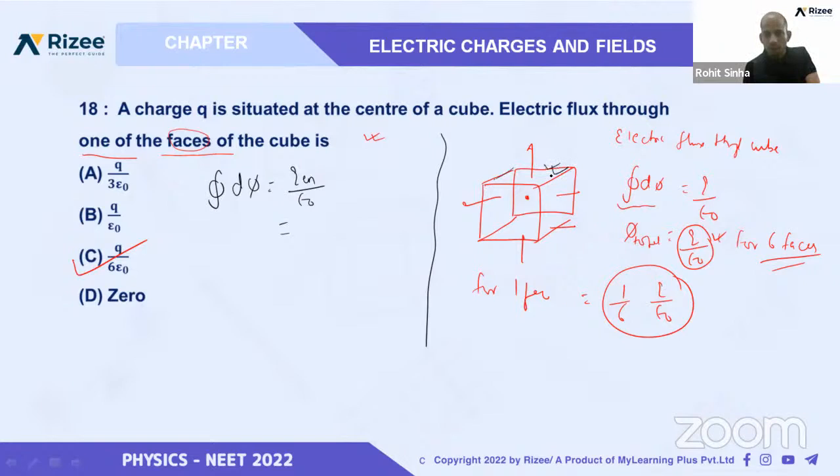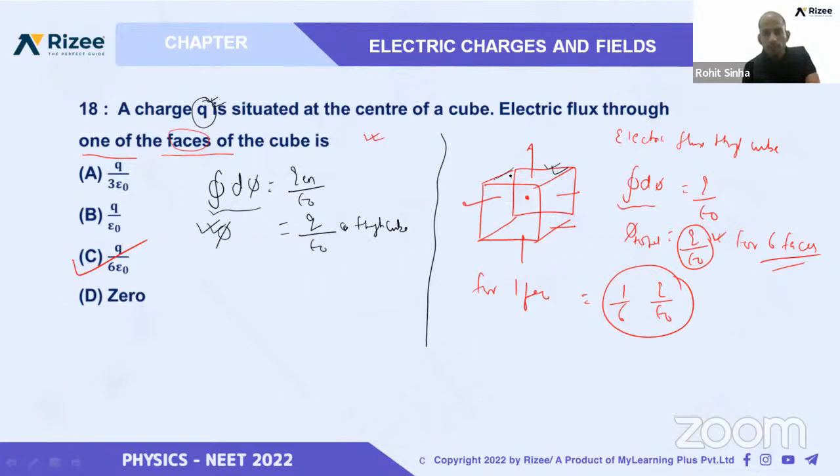Then the integral of E dot dA, the flux phi, is equal to the charge enclosed. The charge q is at the center of the cube, so inside the cube it is q by epsilon naught. This is the flux through the cube.